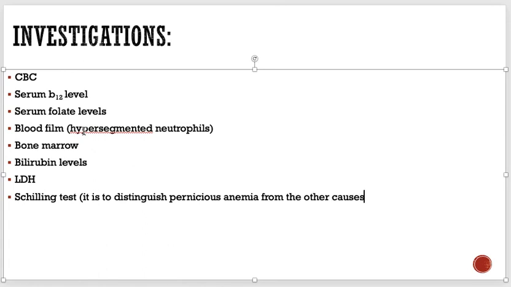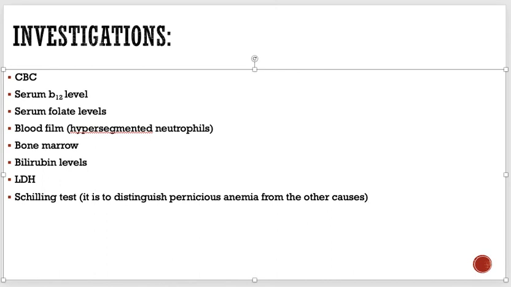See why this is important: because you have to differentiate whether the person has pernicious anemia or any other cause by which he is getting this kind of vitamin B12 deficiency.